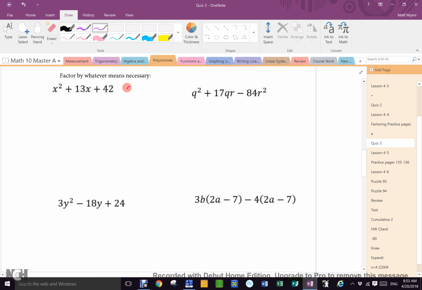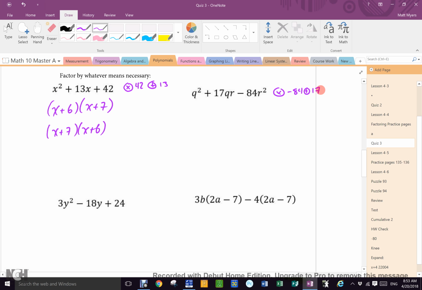This one, I need to multiply to 42 and add to 13. What is it? X plus 6, X plus 7. Can it be X plus 7, X plus 6? Of course it can. This one, I need to multiply to what? Negative 84 and add to what? 17.